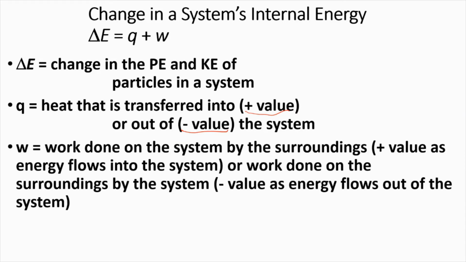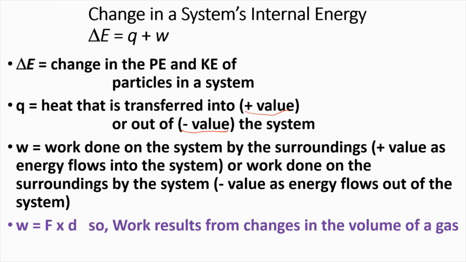So here's our new concept, and this is work. Work can be done on a system by the surroundings. And if energy flows into the system, then it is a positive W value. And when energy flows into the system, the surroundings do work on the system.